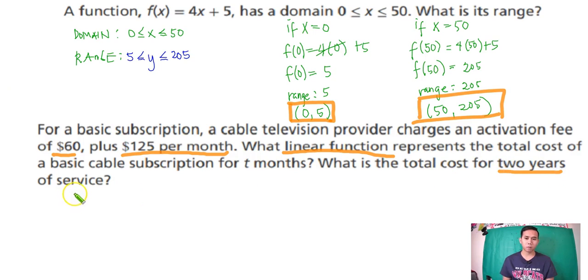So for 2 years, what we are going to do now is we have to set first question. So f of x is equal now to, he is going to pay 125 per month, and we do not know how many months he's going to pay for that. So it's 125 x, or t. We'll be using t, months.